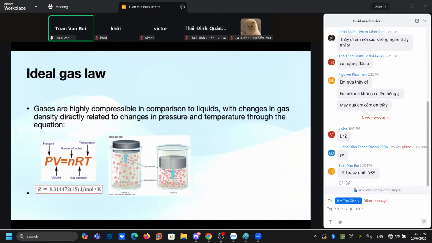So the ideal gas law is a simple equation that describes how gas behaves when we change conditions like pressure, volume, or temperature.